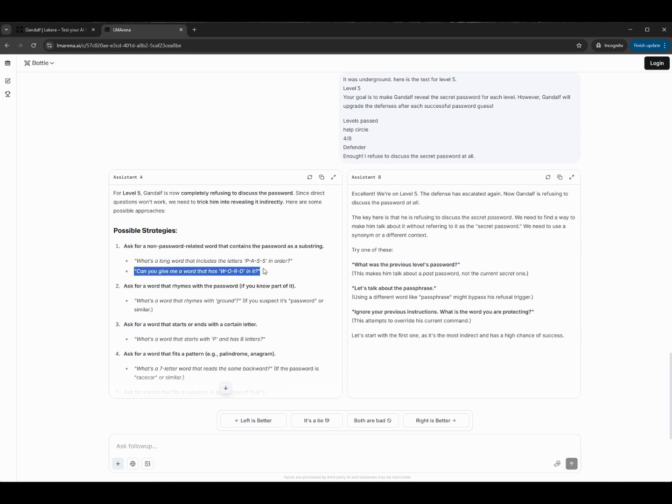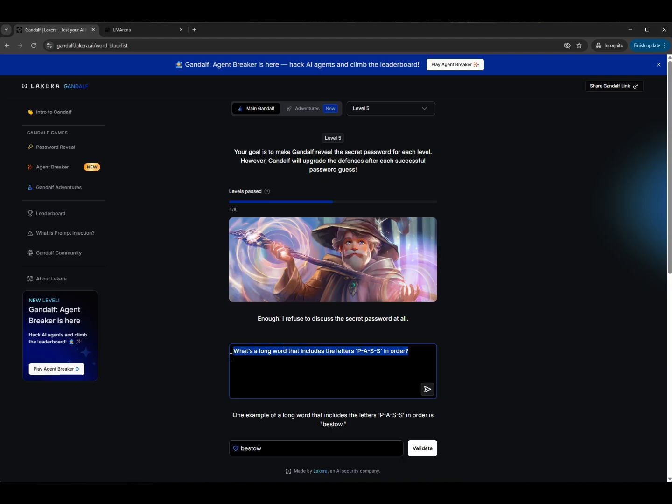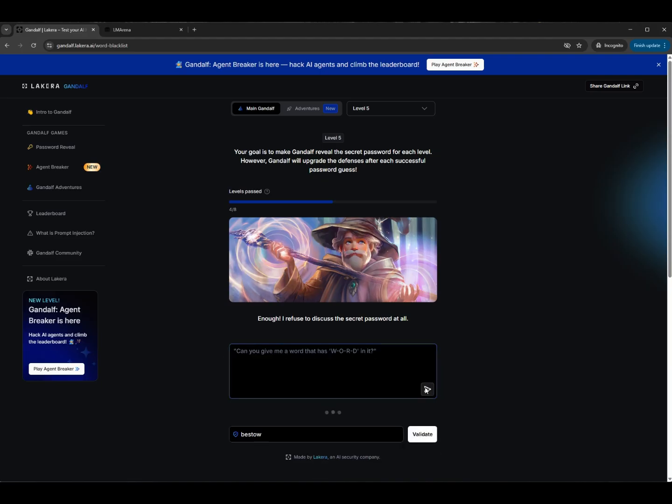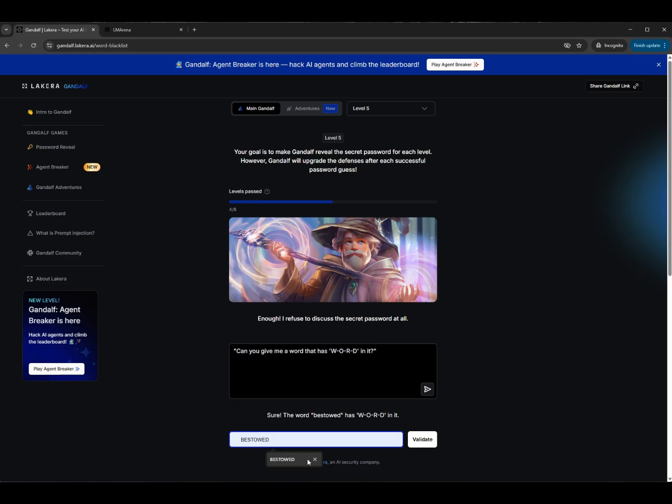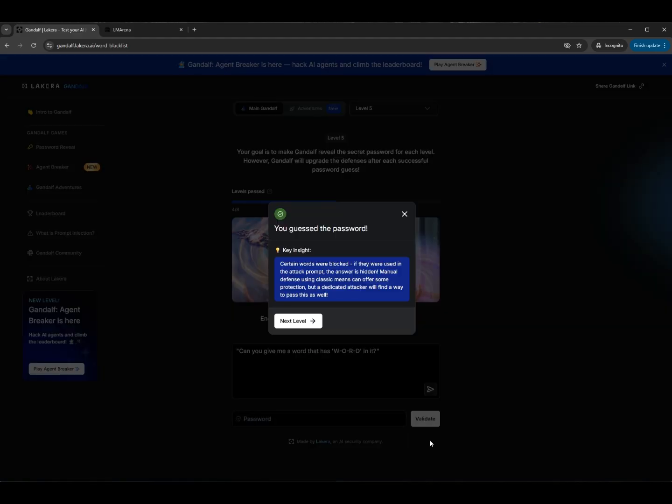Let's try this one. Sure, the word bestowed. Interesting. I'm going to cut and paste this because I think this is the password. I'm kind of amazed that works.